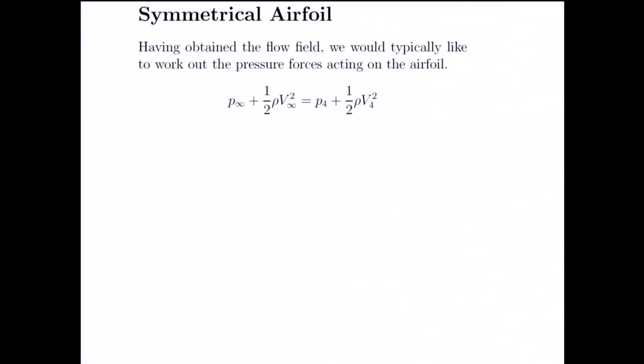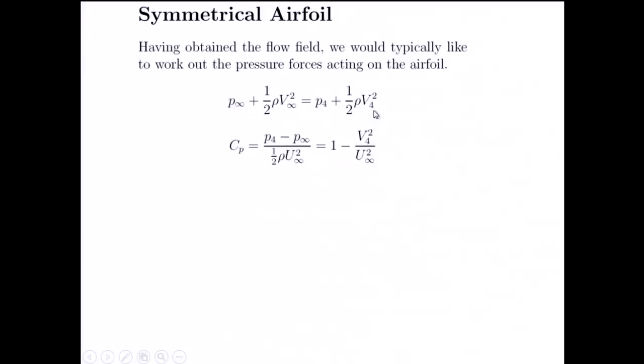Okay, so now let's have a look at the equations we need to calculate the pressure around the airfoil. This is nothing but Bernoulli's equation. In order to get this to work, we need to choose a reference point, P infinity. In this case, we usually just choose P infinity as the stagnation point.